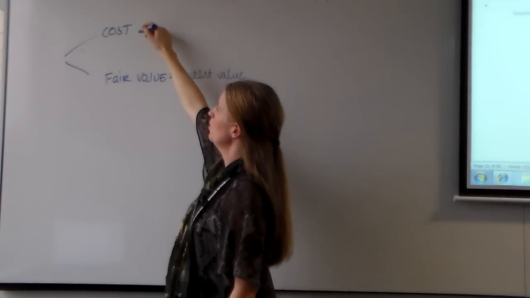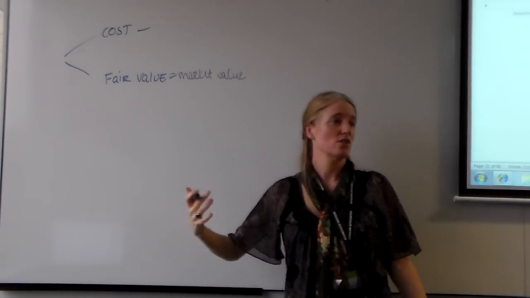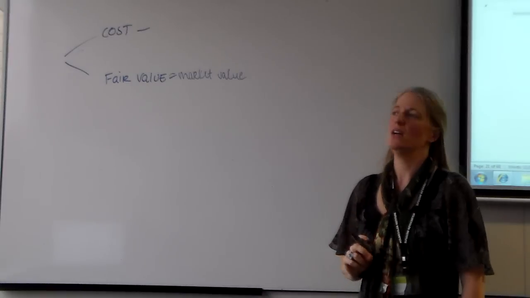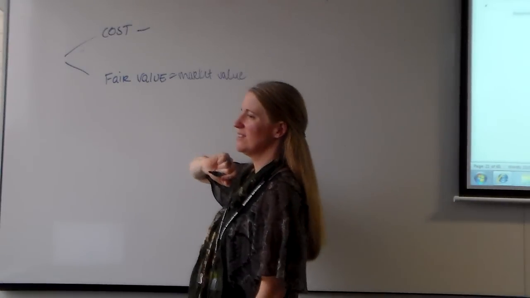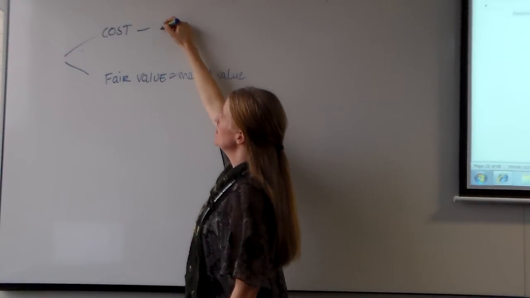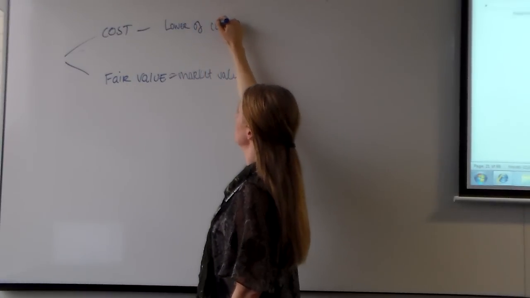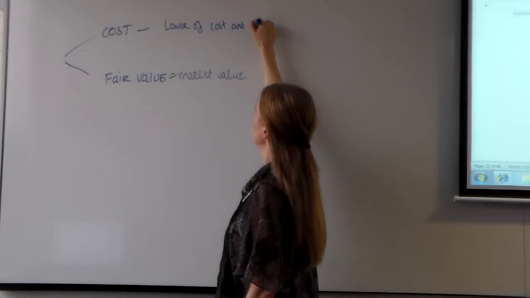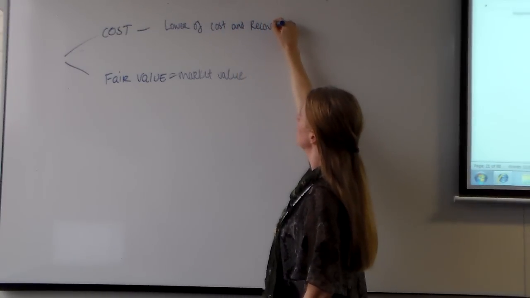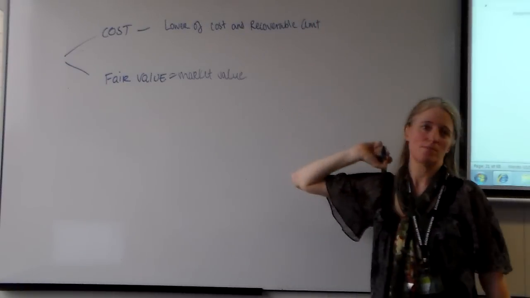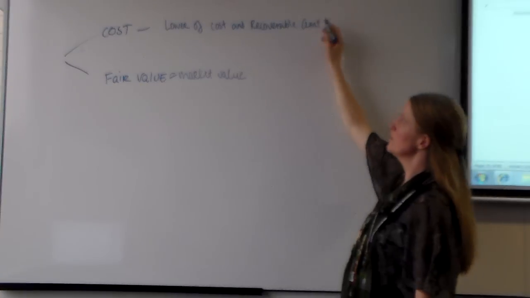So cost is when we buy the asset, whatever it's cost us, we'll put it in the books at that cost. The ruling there is that the asset must always be at the lower of cost and recoverable amount. What is recoverable amount?